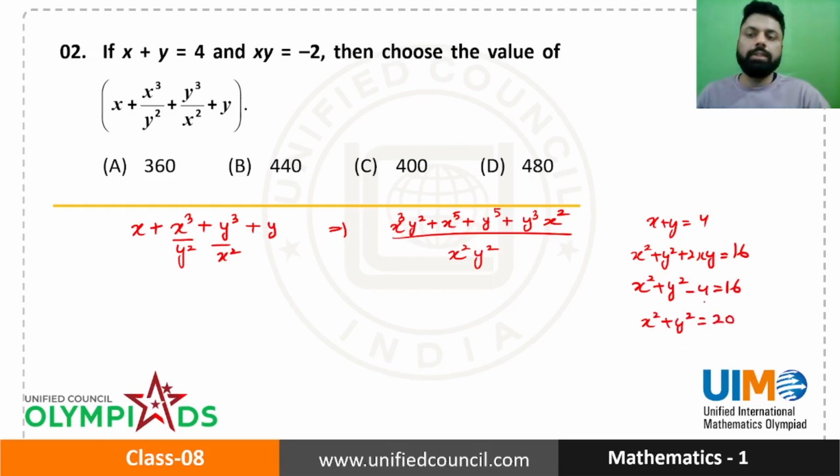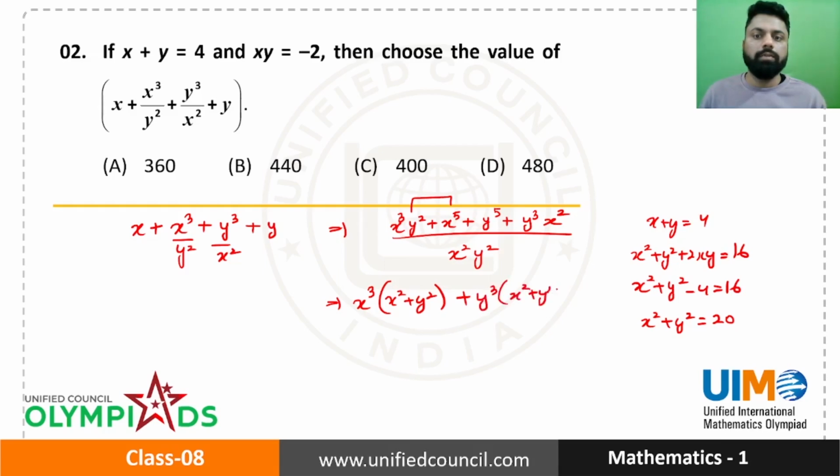These are the values that are given to us. Now from these, we can take x cube common, x square plus y square, and y cube common. So x square plus y square upon x square y square, or we can say xy whole square.